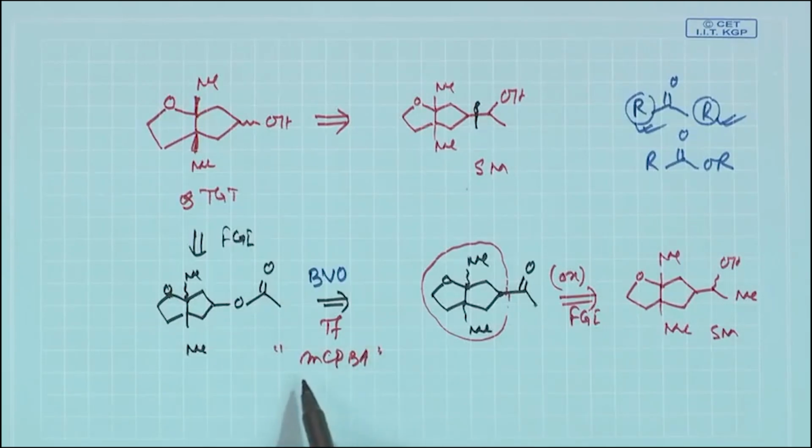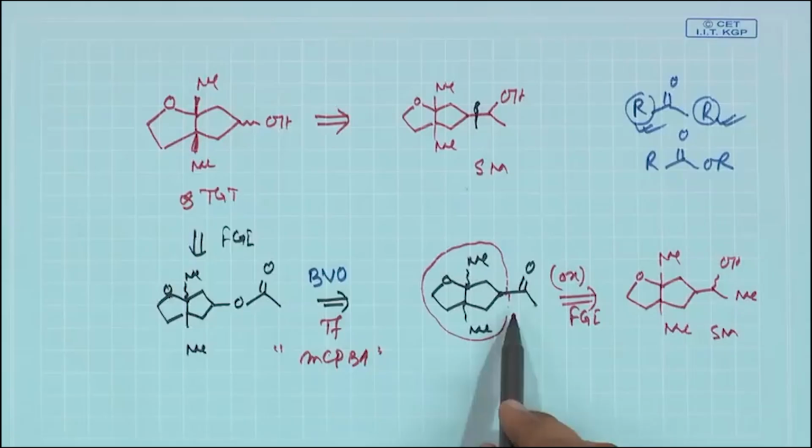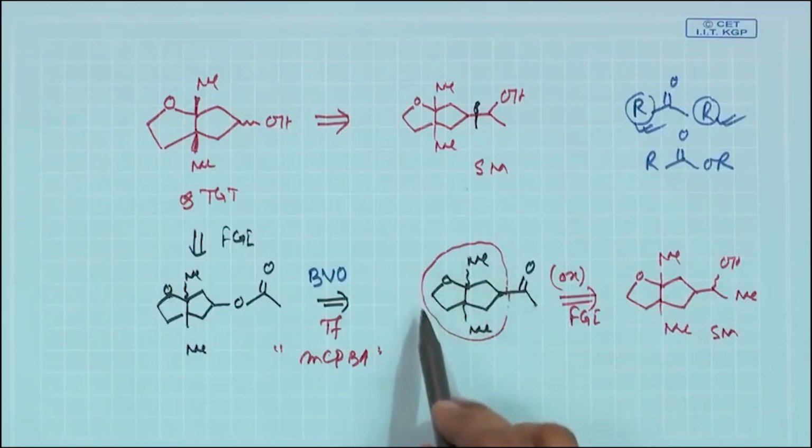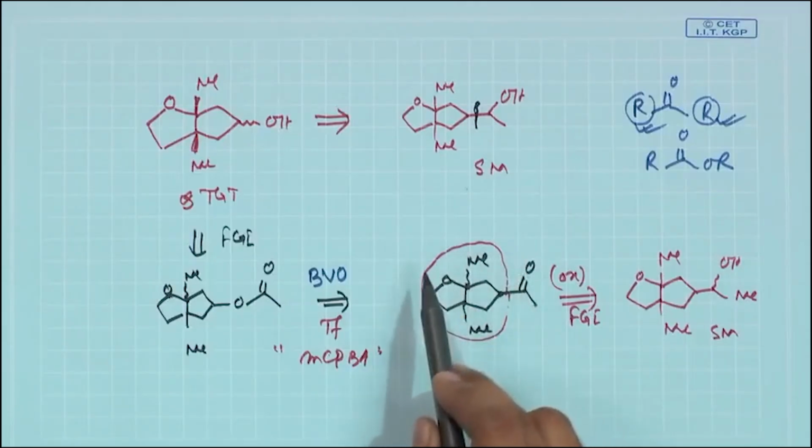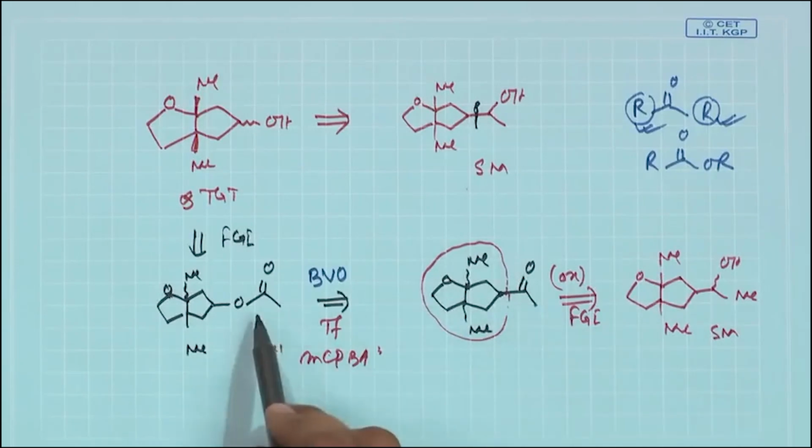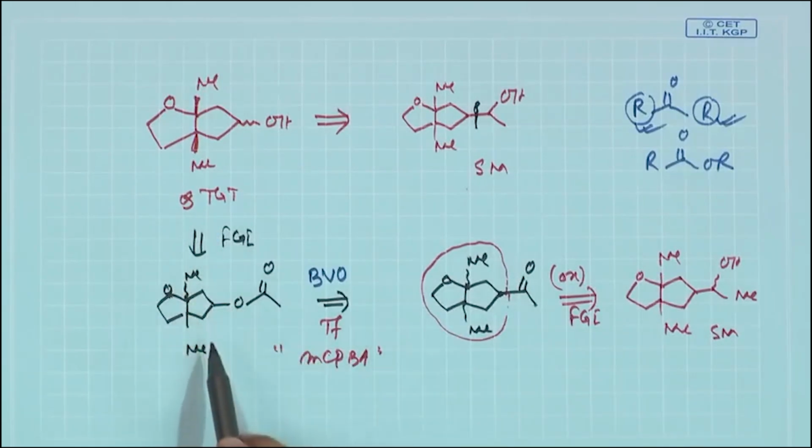Please, if you are not sure about the mechanism, check it again from your standard textbook, and then you find that this group will migrate. This group has more migrating aptitude than the methyl, and once it migrates, you have this carbon oxygen bond. Your next step is simple hydrolysis. So, this kind of combination or simple transformation in which you know the mechanism will give you a very clear cut idea of which pathway to choose and which pathway not to choose.